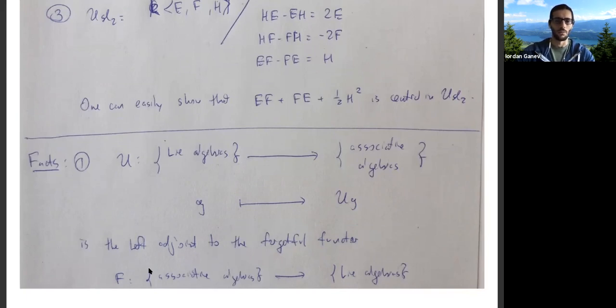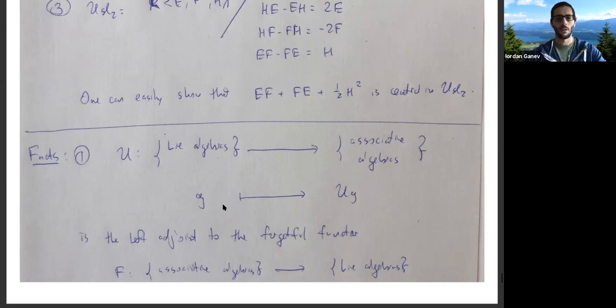So the forgetful functor gives us a Lie algebra for any associative algebra. This gives us an associative algebra for any Lie algebra. And the forgetful functor doesn't change the underlying vector space, but this universal enveloping algebra functor is a free functor, and it gives us something huge in general.